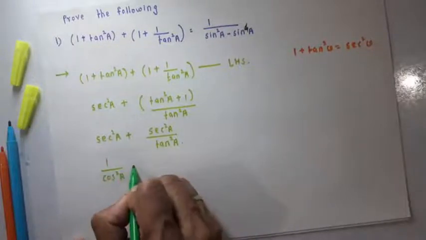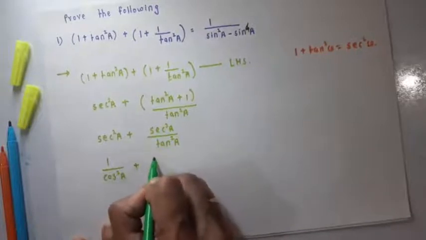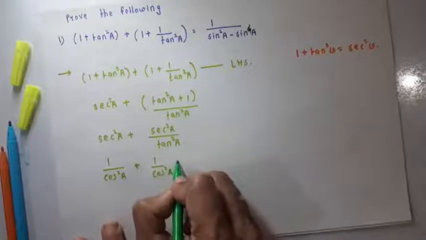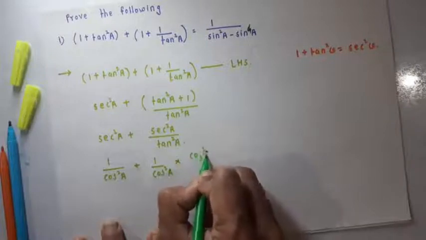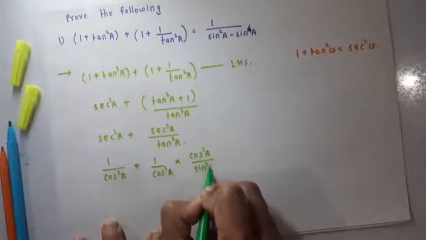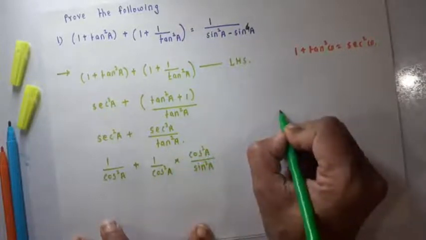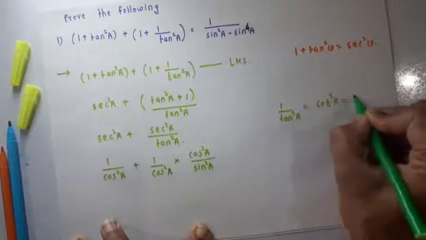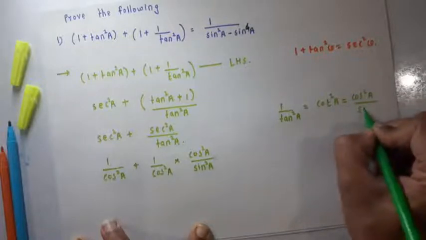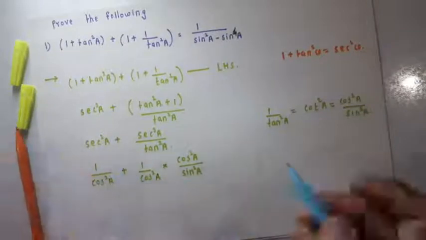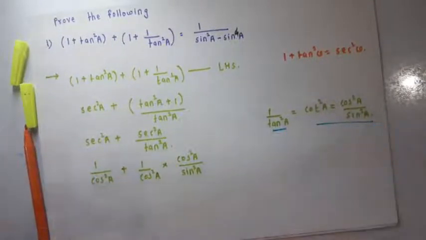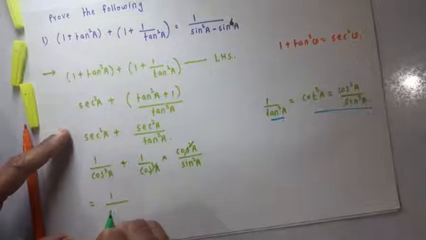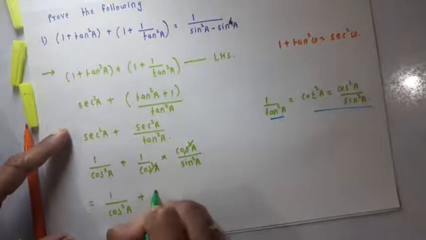So sec square in terms of cos is 1 upon cos square A. And 1 by tan square is cot square, so 1 by tan square A equals cot square A, and this cot square A equals cos square A upon sine square A. By using this, now this cos square gets cancelled.